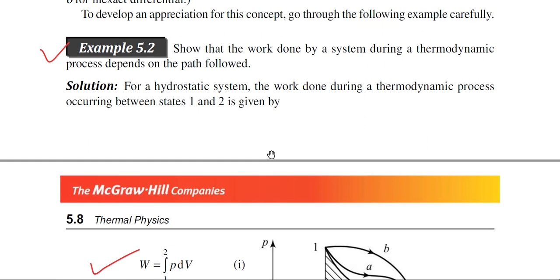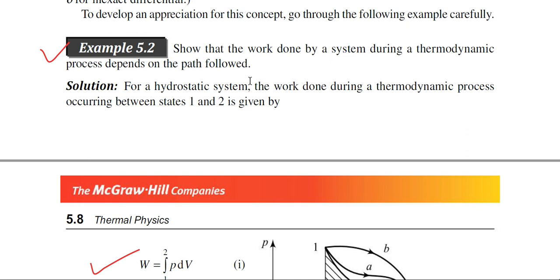So, let us start with a problem: the work done by a system during a thermodynamic process depends on the path followed. Before we proceed, I will say that in this particular chapter some problems are derivation type and some are numerical type.